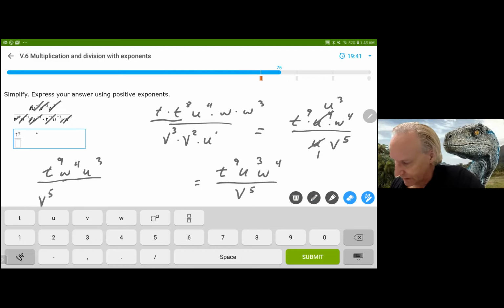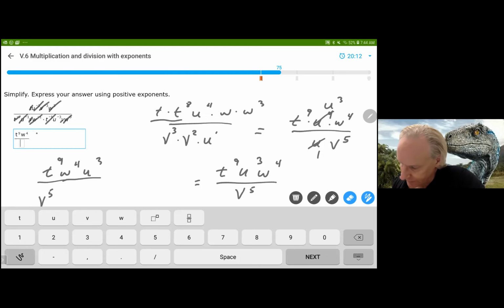I'm going to have parentheses to work with. Okay, I'm going to try one more time. T raised to the 9th. There it is. W raised to the 4th. You have to point at just the right location to get this to work.